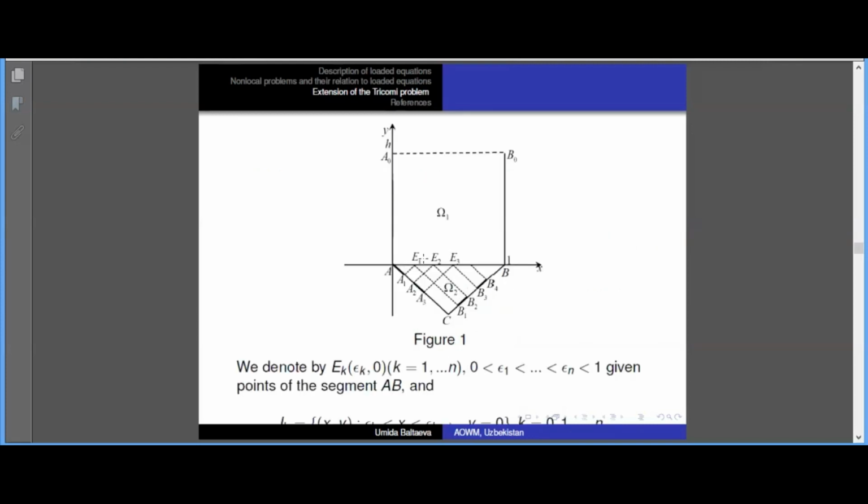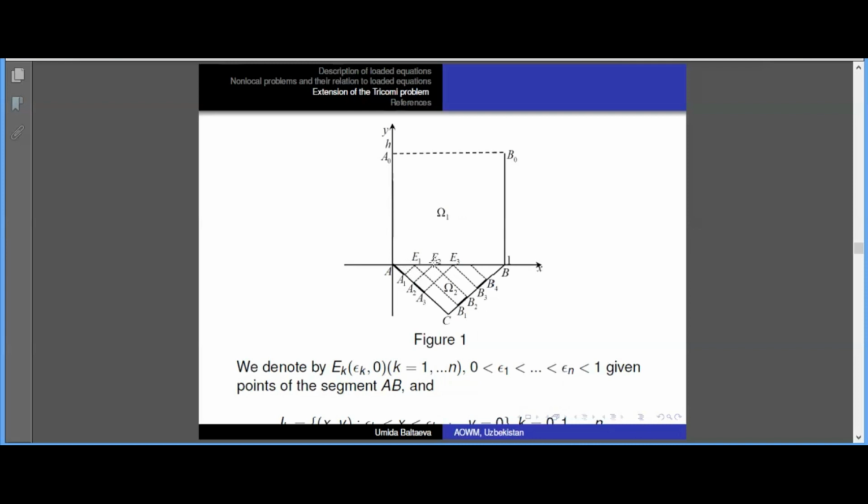And for this, we denote here E1, E2, E3, and Ek, epsilon 1 from 0 to 1, epsilon 1, epsilon 2, and epsilon n, the points.